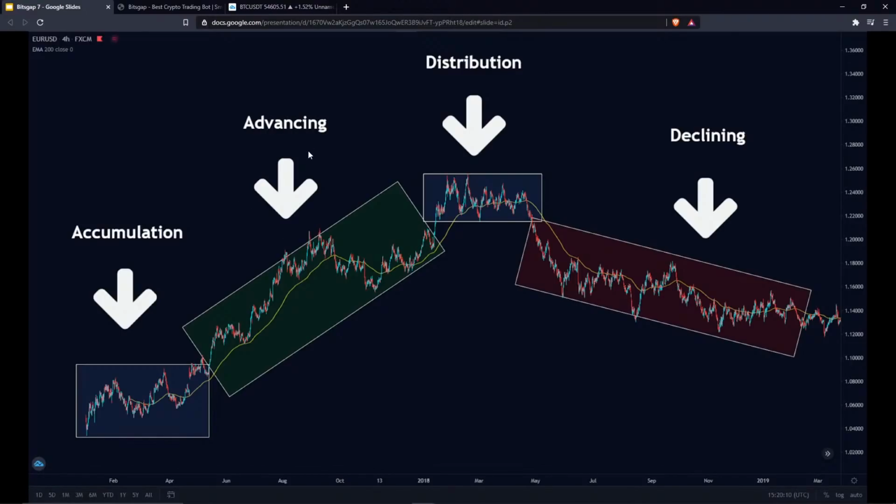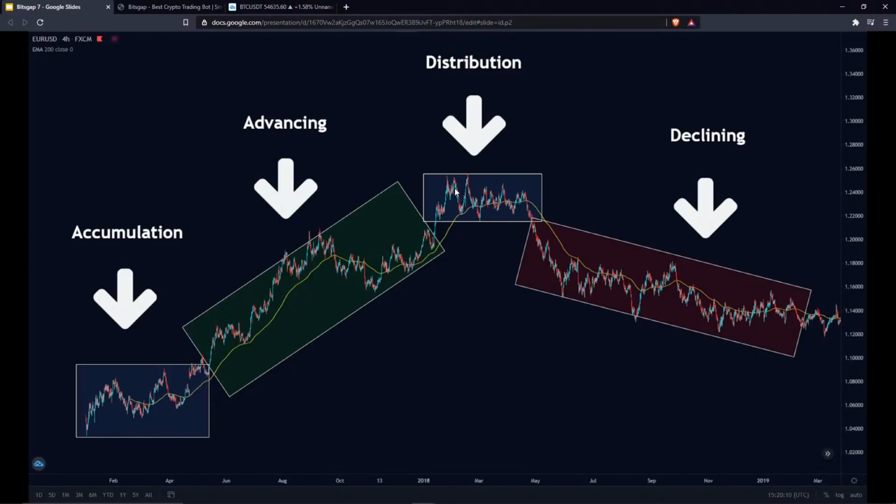Then you see the advancing, which also stands for the rally, and right after the rally you can see the phase known as the distribution. Basically, in this phase, those who made substantial returns on the rally now close their positions by selling. So that's a downside pressure on the market.